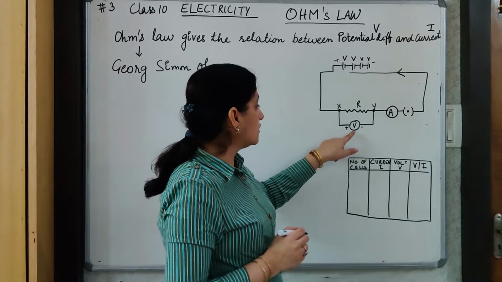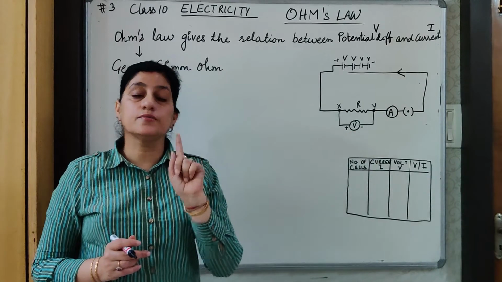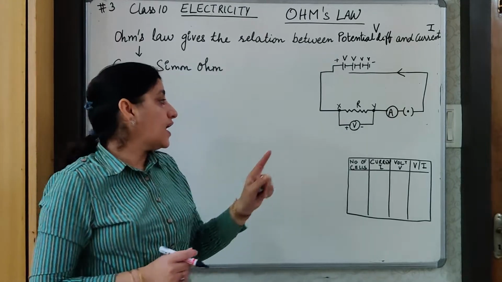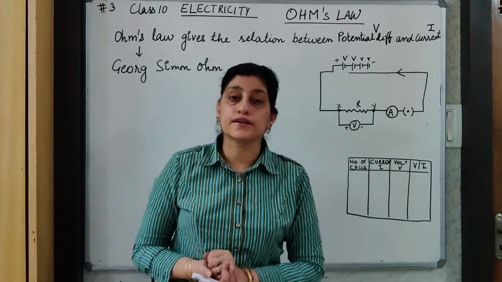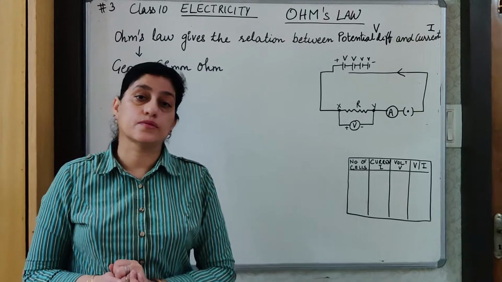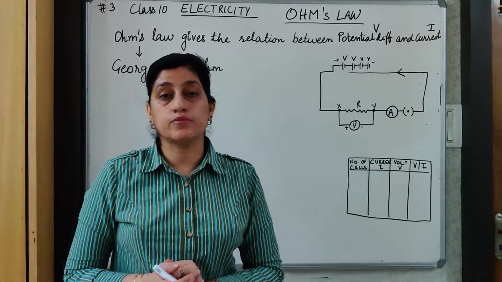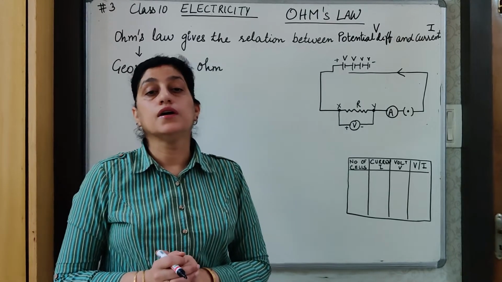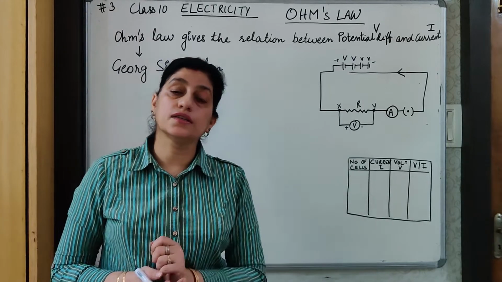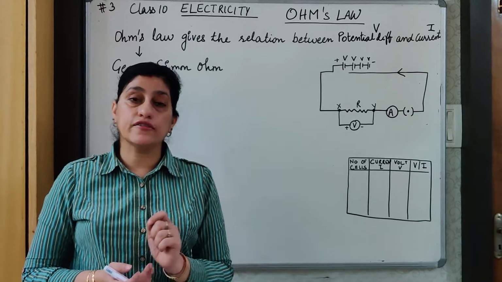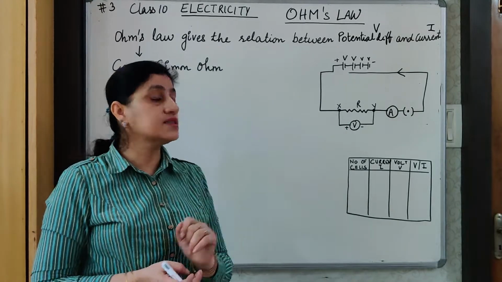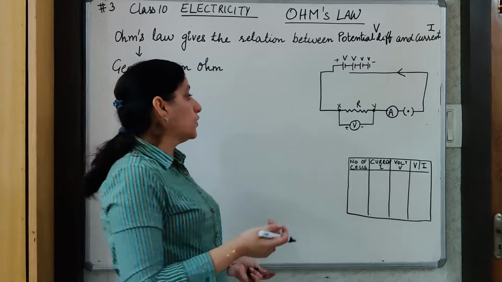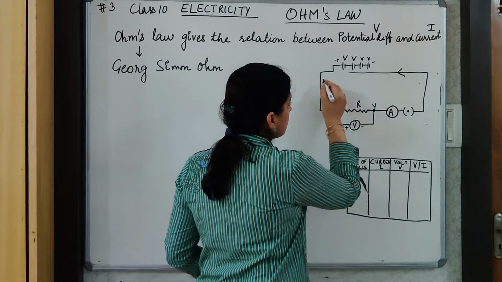So we know voltmeter is always connected in parallel across the circuit and ammeter is always connected in series. But if you are very new to this chapter, then the meaning of series and parallel may not be clear. That will be explained in the next video, so you can refer to that also for series and parallel. Okay, so now these are all the connections.